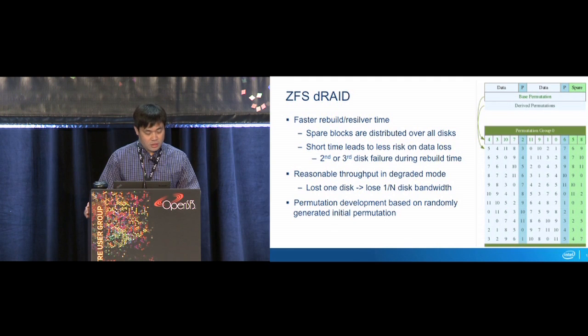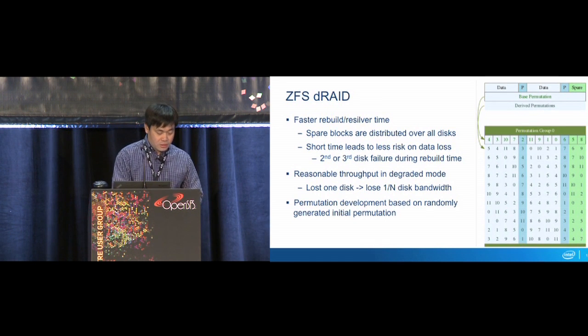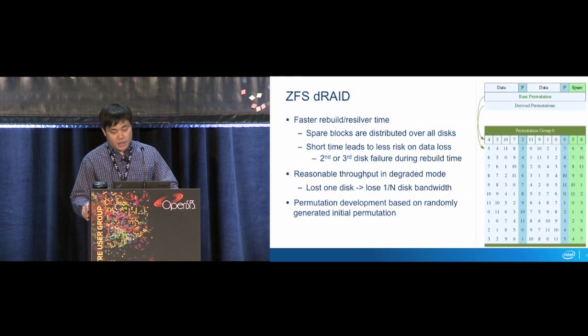So with ZFS dRAID, the spare blocks can be distributed to all disks. You can take a look at the diagram on the right side. So we basically shuffle the disk index by a particular permutation.